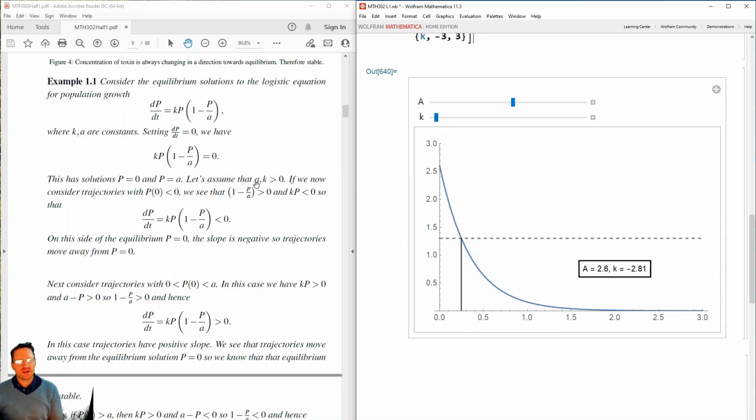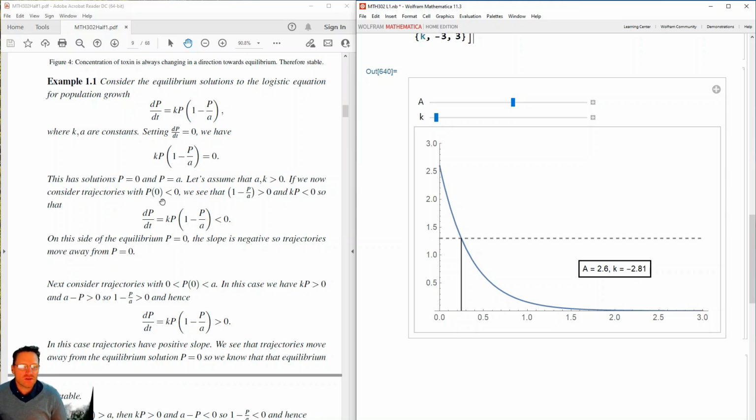So if we assume now that a and k are positive, let's consider some trajectories that start with initial population negative. Now this is not a realistic example, right? But it does sort of illustrate theoretically, right? So you can't start with a negative population. That's just ridiculous. But anyway, abstractly here, it's descriptive enough.